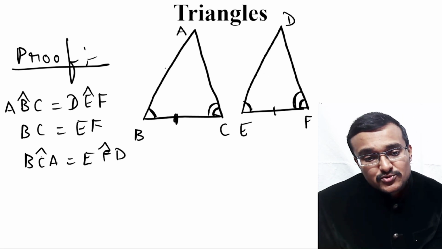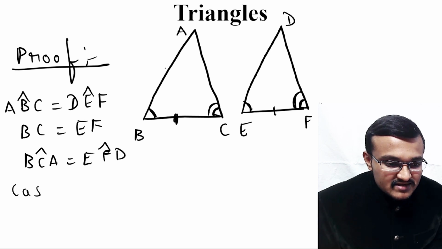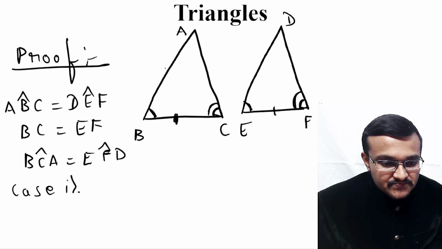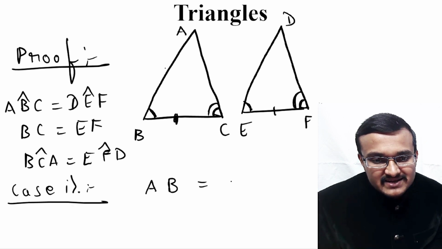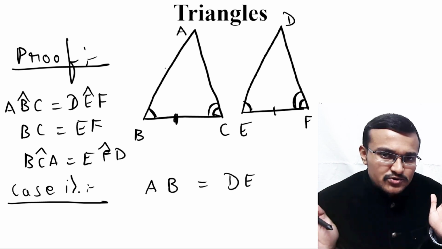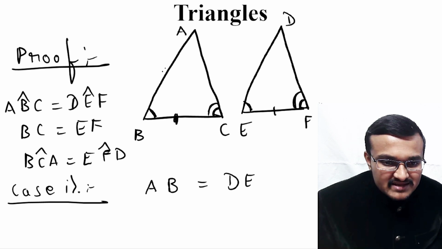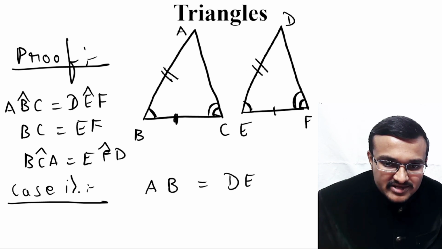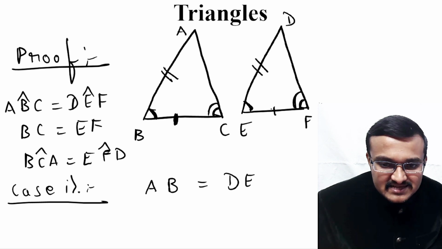In order to prove that AB is equal to DE, we need to consider three different cases. First we need to consider case 1. In case 1, directly we will consider AB is equal to DE. If AB is equal to DE, then this particular angle is anyway equal and this side is anyway equal.